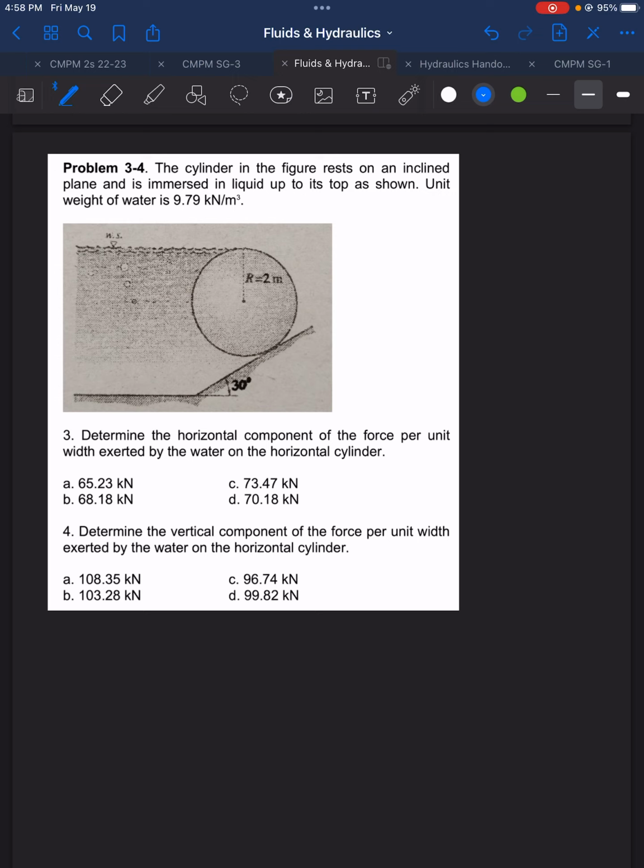So it's looking for the horizontal component, and that horizontal component is F of H. For number 4, we need to determine the vertical component of the force per unit weight exerted by the water on the horizontal cylinder. So we're looking for the F of V.